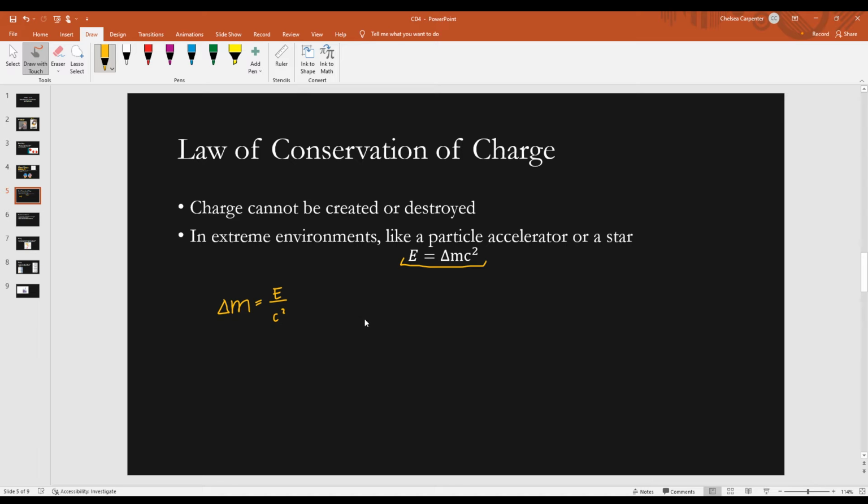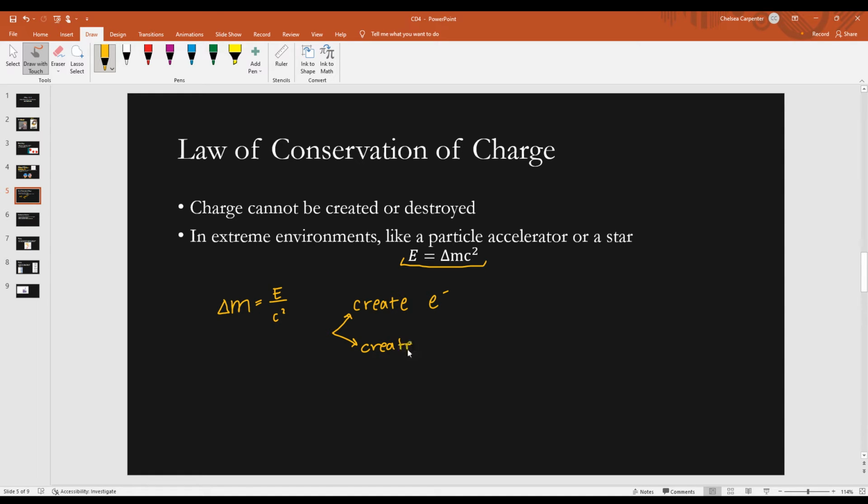Let's say we create an electron. So we have energy being converted into mass. That is, by this formula, allowed. What has to happen, though, is we have to create another particle that has the same charge but opposite sign in order to have the conservation of charge.